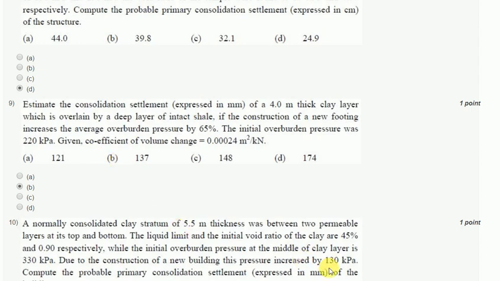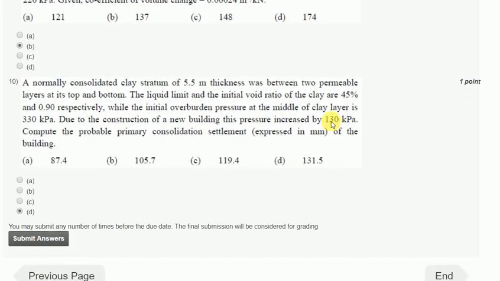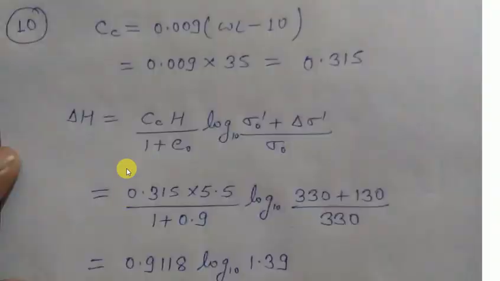Now move to question number 10. In this question, we have to find the primary consolidation settlement of the building. So let's see the solution. In this question, we have to use the formula for primary consolidation: delta H is equal to Cc into H by 1 plus e0, log of sigma 0 dash plus delta sigma dash by sigma 0 dash.